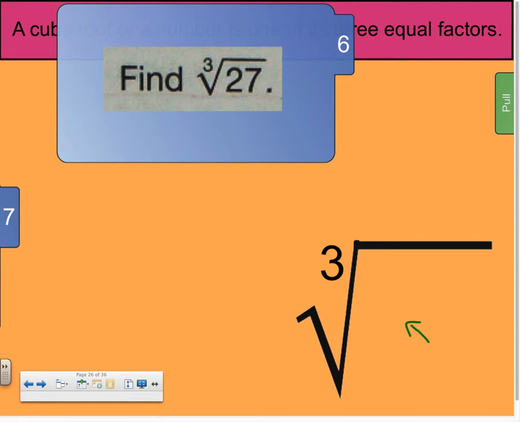If you're very good with multiplication, you might be thinking something of a factor of 3. But if you were to use the cube root function on your calculator, you will find that 3 times 3 times 3 equals 27. Therefore, the cube root of 27 equals 3.